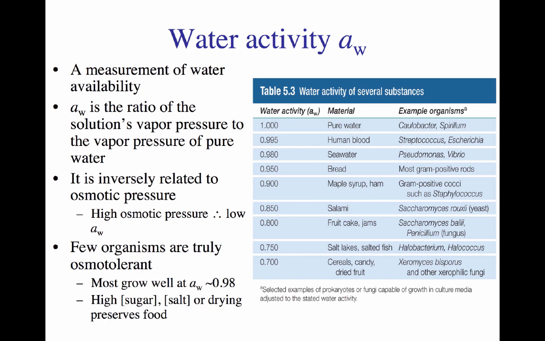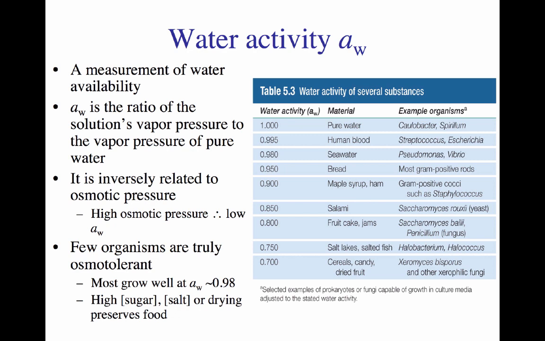And the water activity is then defined as the ratio of the solution's vapor pressure to the vapor pressure of pure water. So if you take a solution of pure water, the ratio of the vapor pressure of water vapor to the vapor pressure of pure water is going to be 1. And most microorganisms are going to be happily living in water with that kind of water activity.